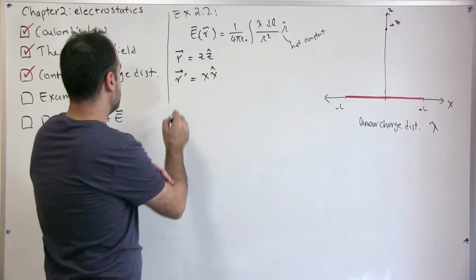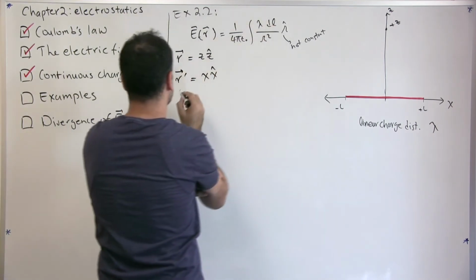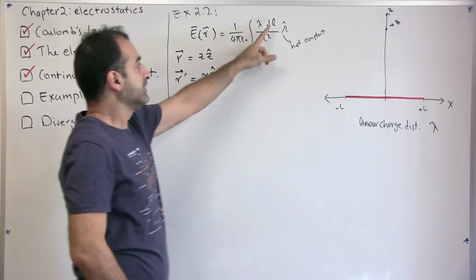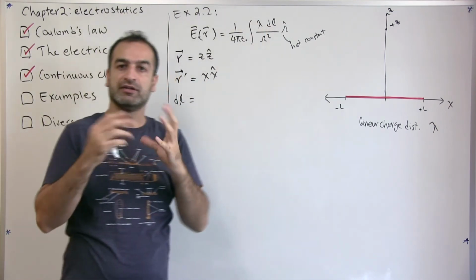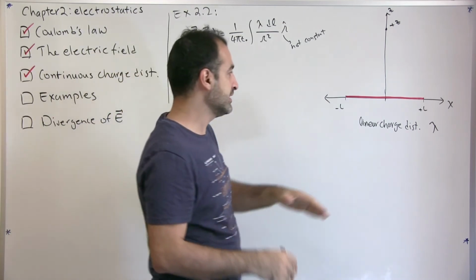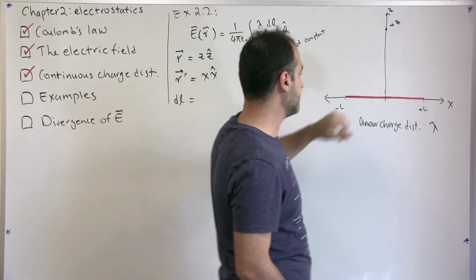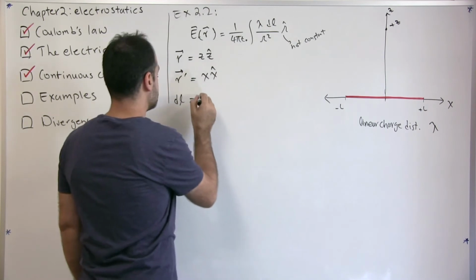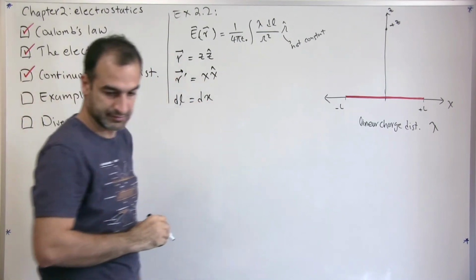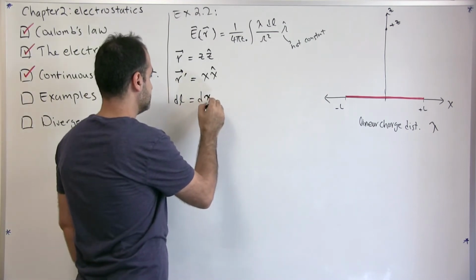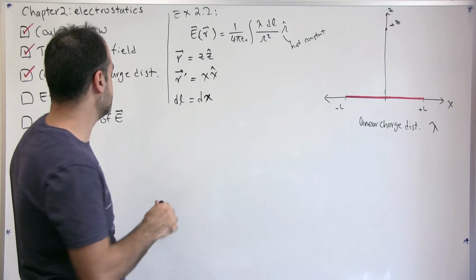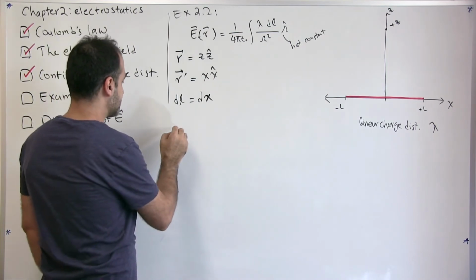And then the DL that we are doing integration on depends usually on how the charge is distributed and where the charge is distributed. In this case, the charge distribution is only on the x-axis, so we can say DL is basically dx.